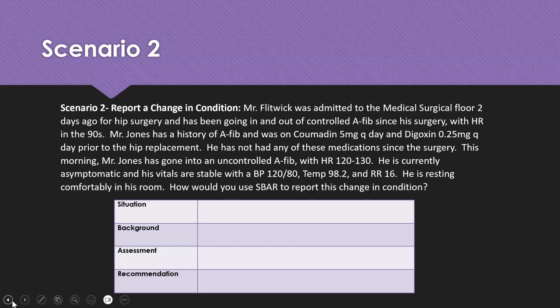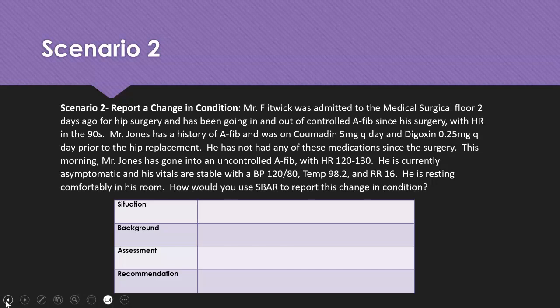Scenario 2: report a change in condition. Mr. Flitwick was admitted to the medical surgical floor 2 days ago, you guys, for hip surgery, and has been going in and out of controlled AFib since his surgery with a heart rate in the 90s.